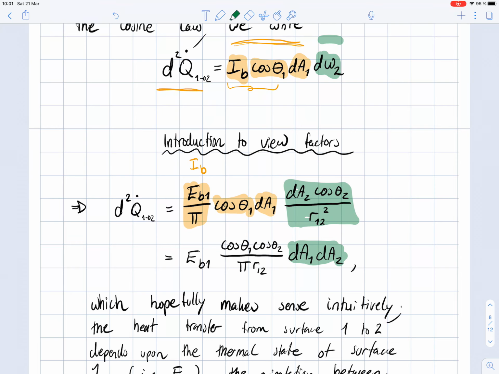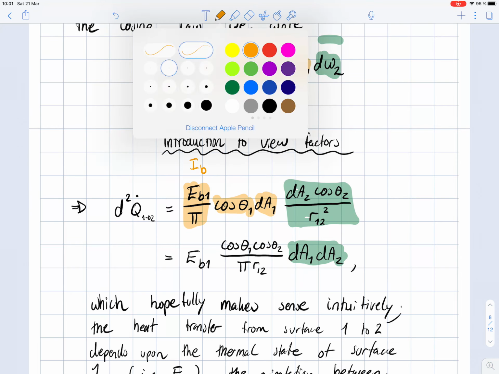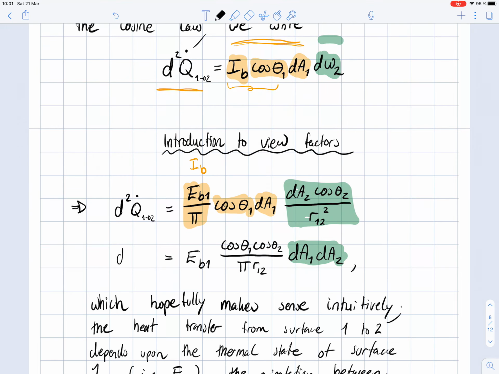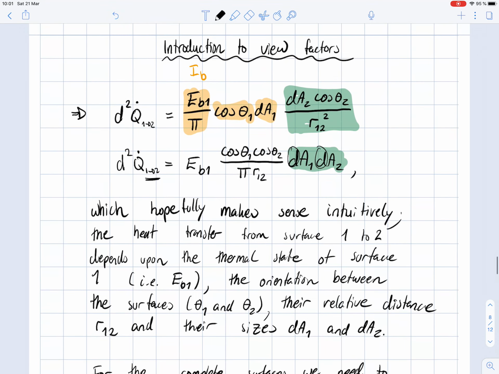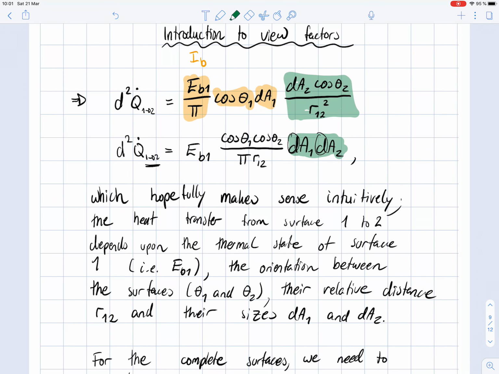And now hopefully the notation still makes sense, because we note that this is the second order differential of the heat transfer rate from 1 to 2. And that's why we have a dA and a dA here. Hopefully this makes sense intuitively. We are studying the heat transfer from surface 1 to 2.